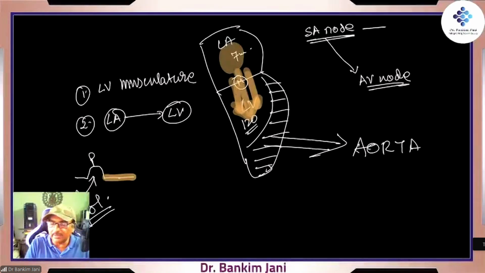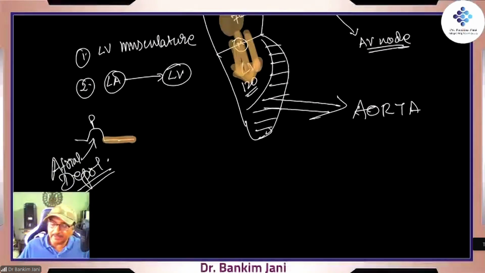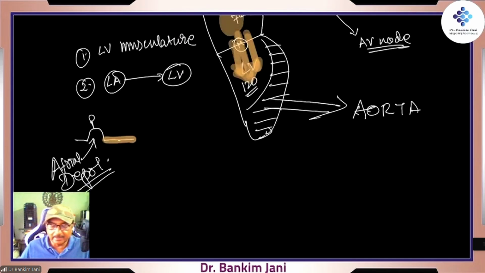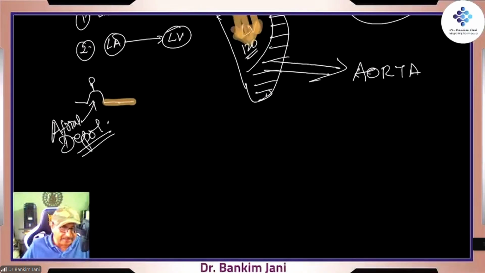From the SA node, it triggers the atrial contraction, and then it comes to the AV node. This occurs immediately. But the AV node is not letting the signals go further. It is telling them to wait. So this is that wait state. This wait is at the AV node.